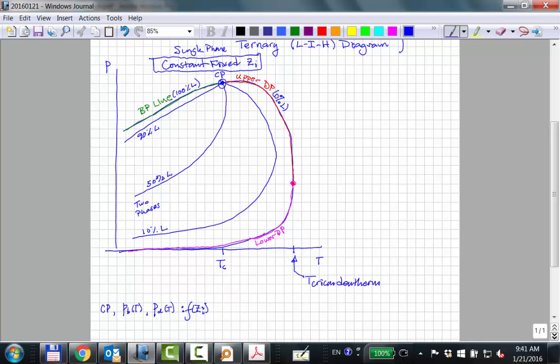Is there any significance of the maximum pressure? Well, this maximum pressure, which is not at the critical point, it's a little bit above there. Let's just mark this as the maximum pressure. The maximum pressure is called the Cricondenbar.